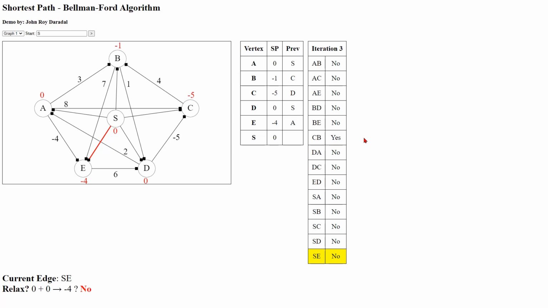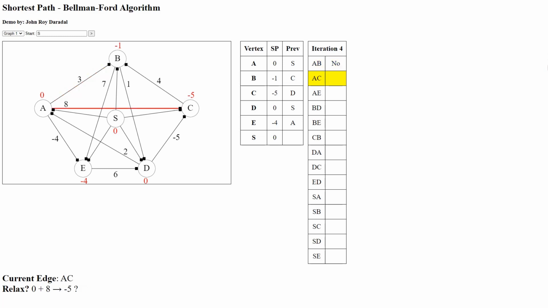So this is actually the last iteration anyway, or it's actually not, because we have 6 nodes here. So A, B, C, D, E, and then S. So our maximum is up to 5 iterations. So we're still in iteration number 4. So let's see.